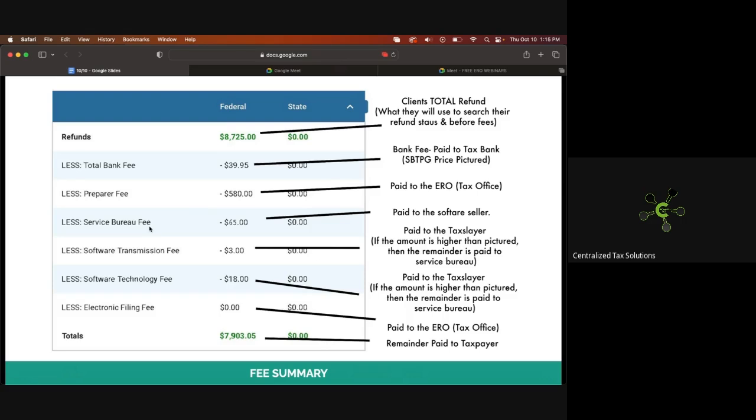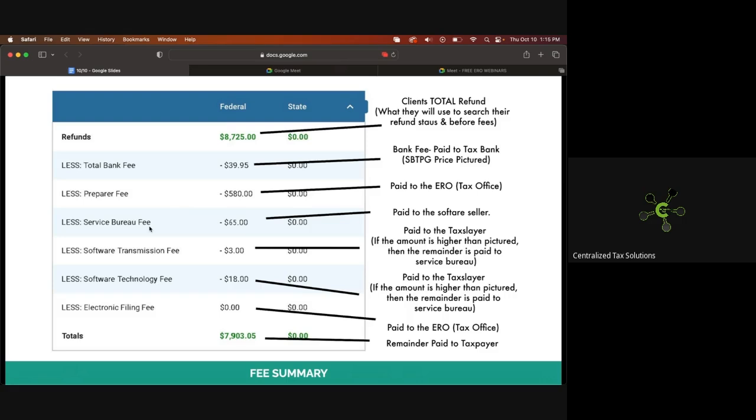So with a service bureau fee, you went under this person, and you get a cheaper rate for software. Usually you get a cheaper rate for software, free or discounted. You never know, TaxSlayer, OOT, pretty much any standard professional software ranges between 5 to 10,000 just to get it. So we as service bureaus put up that cost, and then we save you guys money by giving you a copy of our software for cheaper.